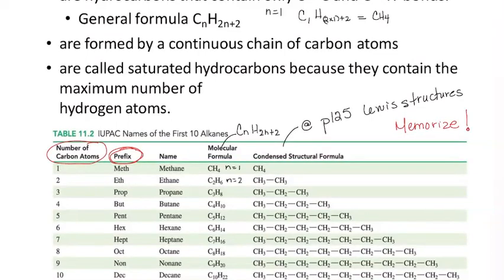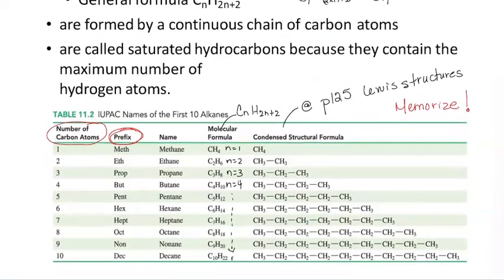If n equals 2, you get C2H6. n equals 3, you get that one. n equals 4, so you can imagine as you go down, the number of carbons will also help you define the number of carbons and hydrogens. So all the way down to n equals 10, okay?